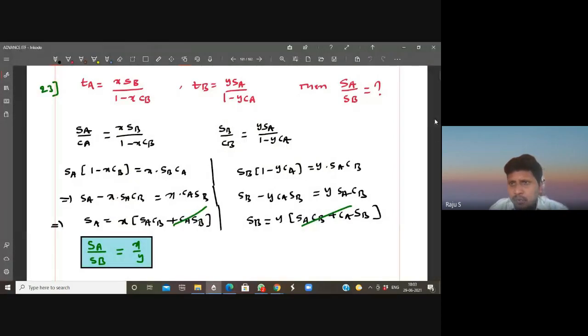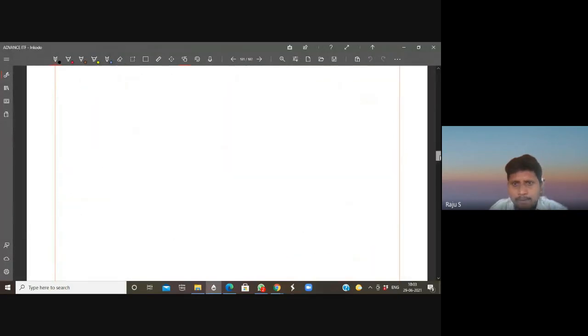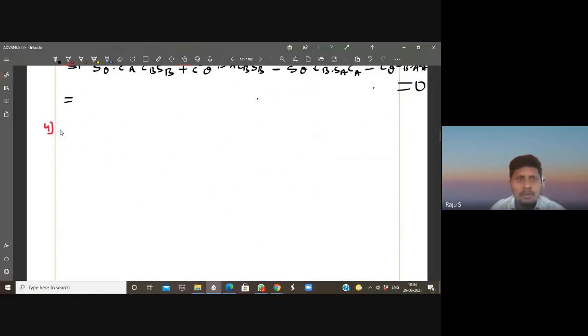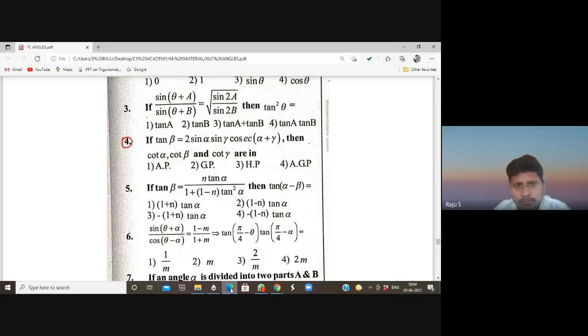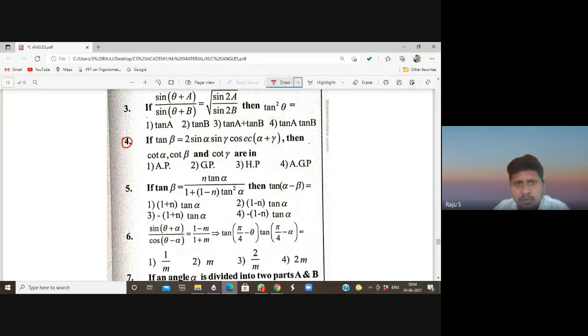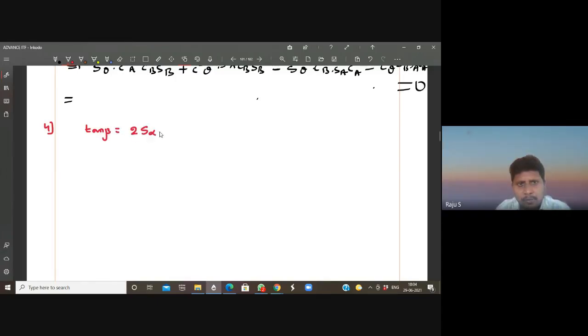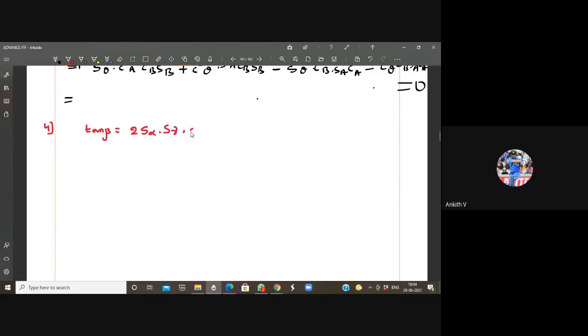Question number 4. Am I right? This remaining part you have to do. What is the given question? Tan beta is equal to 2 sin alpha sin gamma cosec alpha plus gamma.